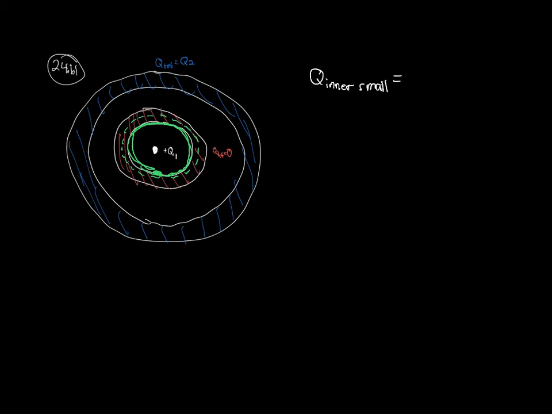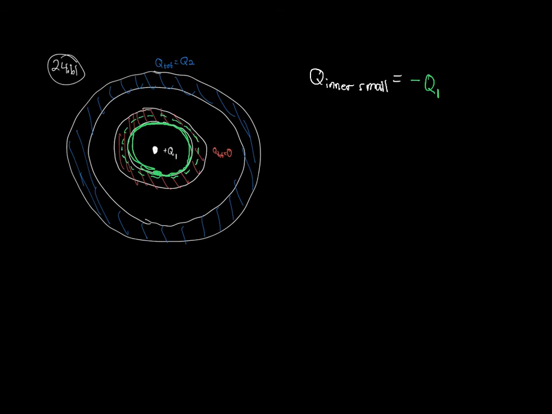So the charge on the inside surface of the small shell has to cancel out the charge at the middle, so that I get 0 enclosed charge and 0 electric field from Gauss's law. So I know I have negative Q1 on the inner surface of the small shell.